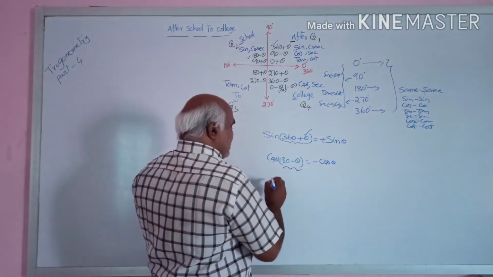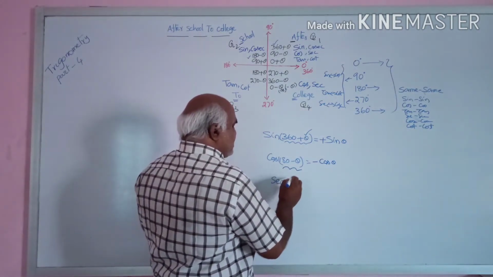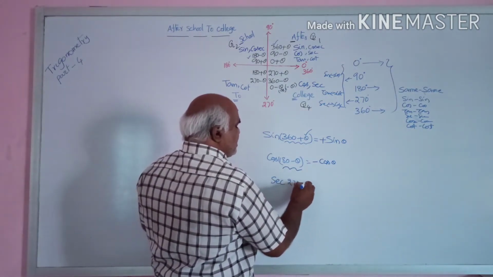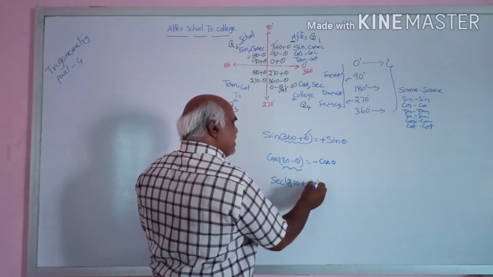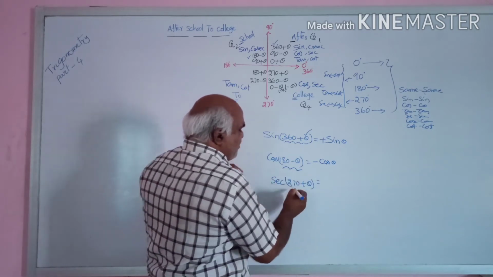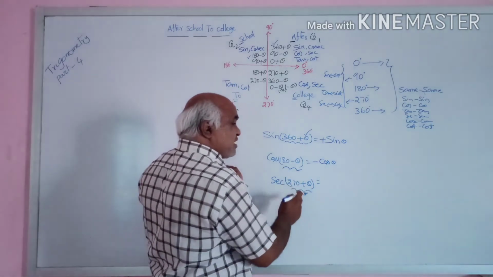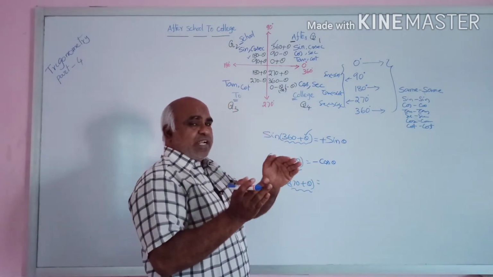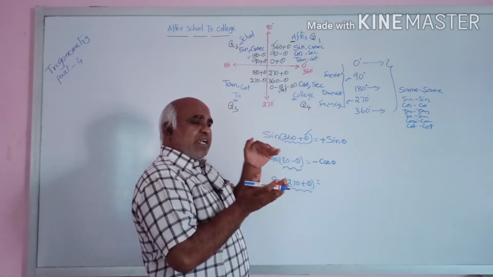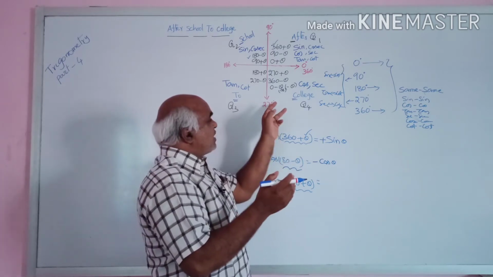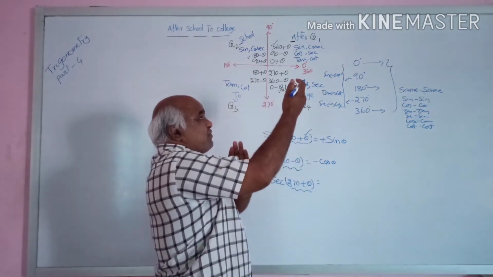Next, come to the secant of 270 plus theta. You can take another example. What is the ratio here? 270 plus theta means 90 is first quadrant, up to 180 second quadrant, up to 270 third quadrant, 360 fourth quadrant.